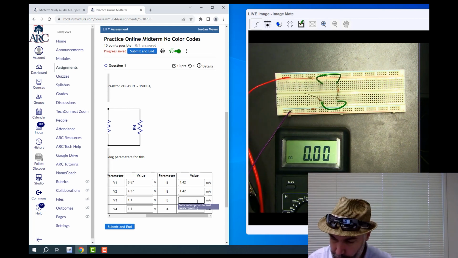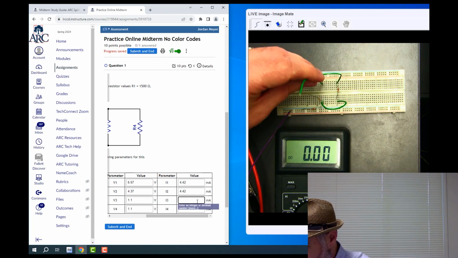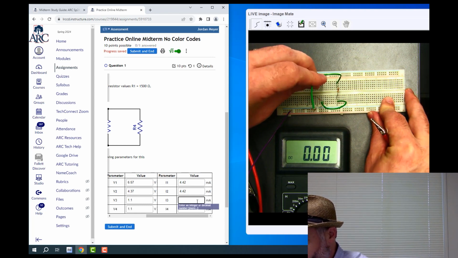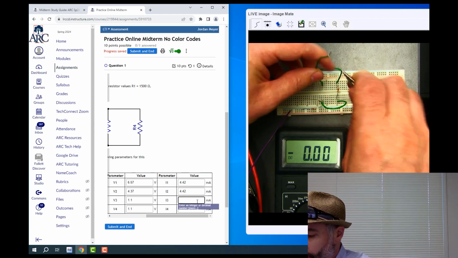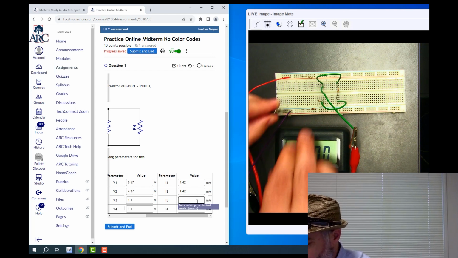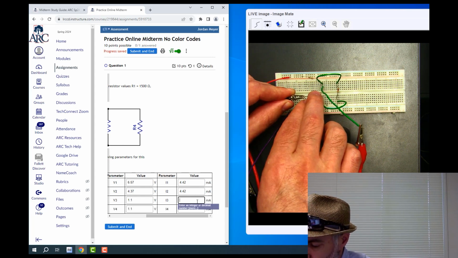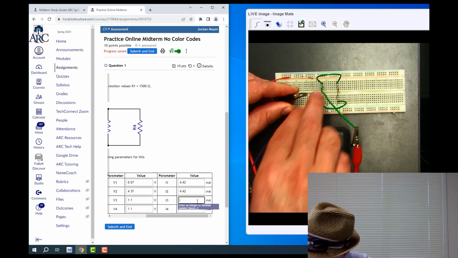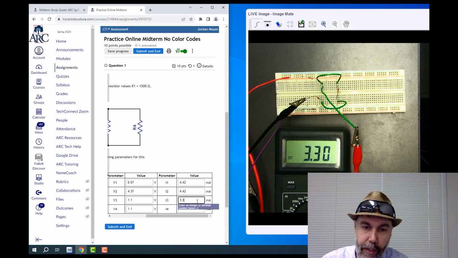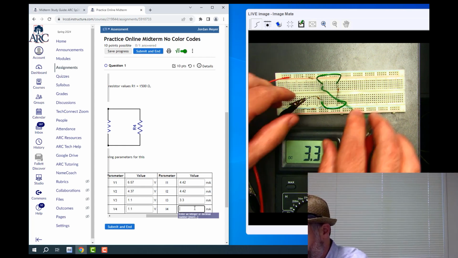So that resistor there, I pull the resistor out, I plug a lead in where the resistor used to be connected, and then I connect to the two ends that are hanging out there, the wire and the resistor. And then that gives me 3.3 milliamps flowing through there. And then I'll put everything back.